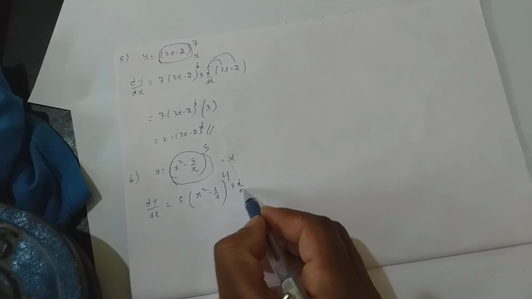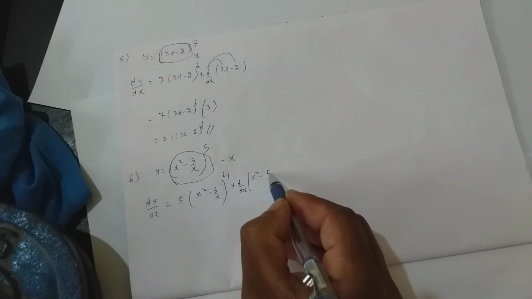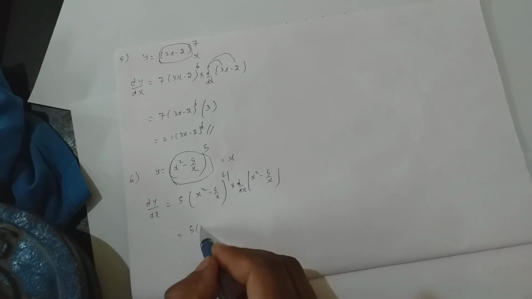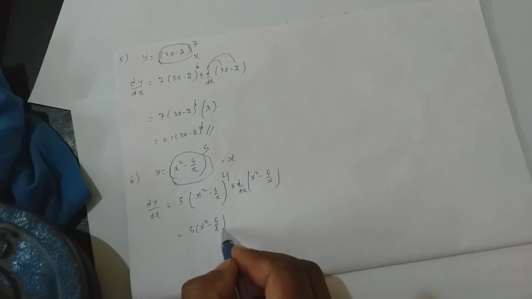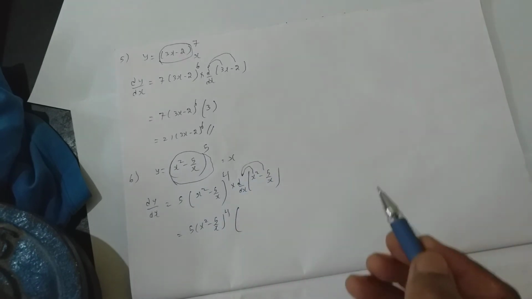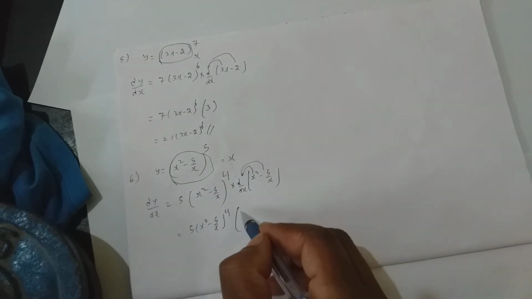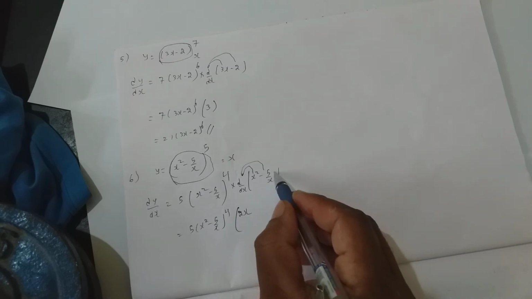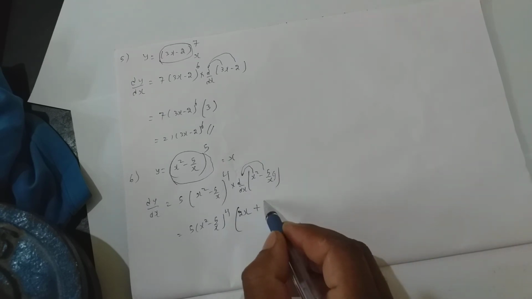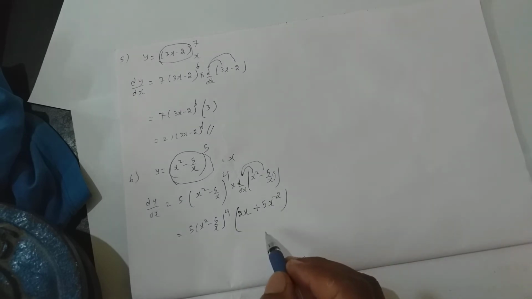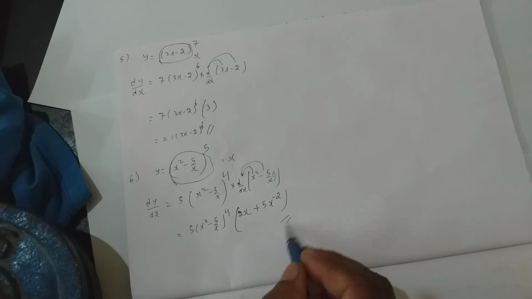Into d by dx of, in place of x, whatever is there, that you will be writing. So it is 5 into (x square minus 5 by x) power 4 into d by dx gets applied to this one and also to this one. Of x square it is 2x. Of minus 5 by x will go up, x power minus 1, so it will become plus 5 into x power minus 2. Is it clear?